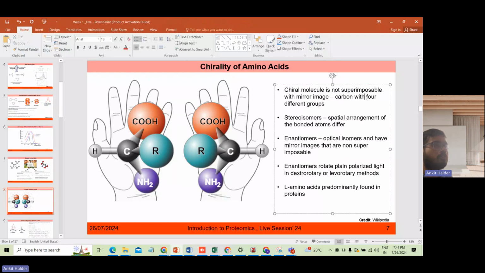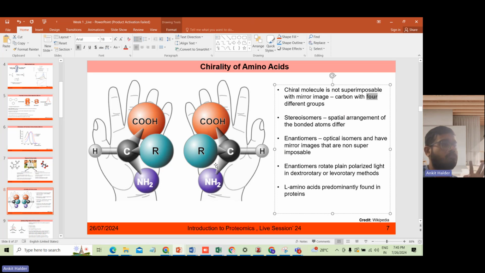The term four is quite important here because if you have only H, you can change it according to anything, but it will be mirror superimposable. Every one of us knows that carbon has four hands, and if there are four different groups, only then it is chiral. That's why glycine has no chiral center, if you remember, right?